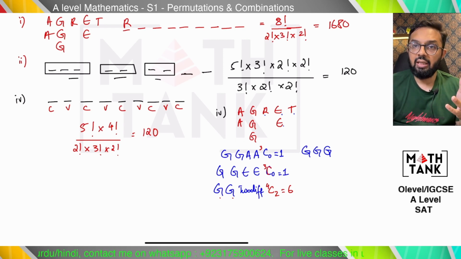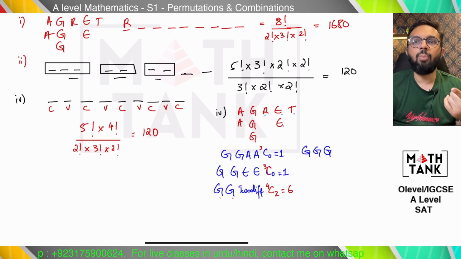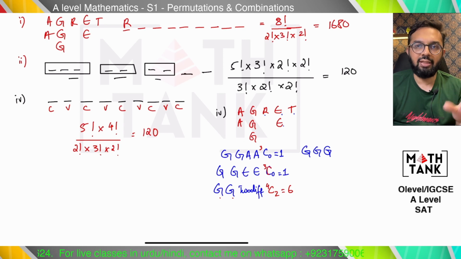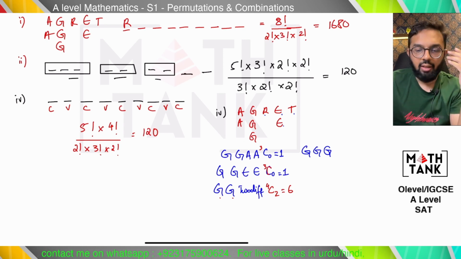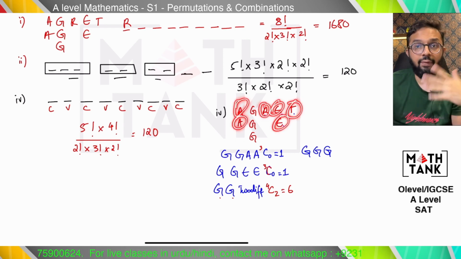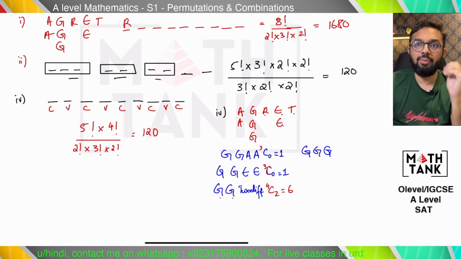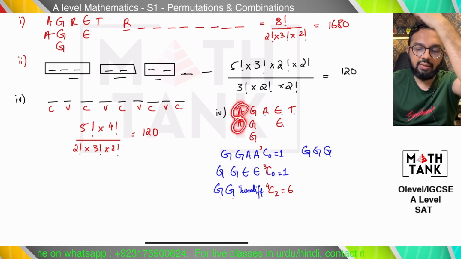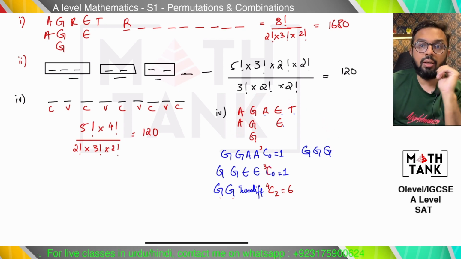Now let's go to the case with three G's. When you have three G's, you just need one more letter to complete that team of four letters. Now, how many different possibilities are there? Obviously, you can count, and they say that there are six different possibilities, but I'm telling you there aren't six. There are just four different possibilities because you can't count these A's as a separate team. They're not getting arranged, so they're not a separate team.